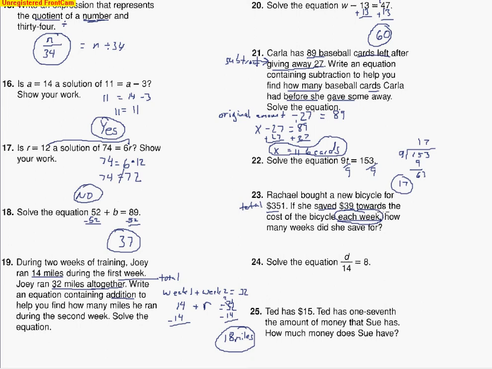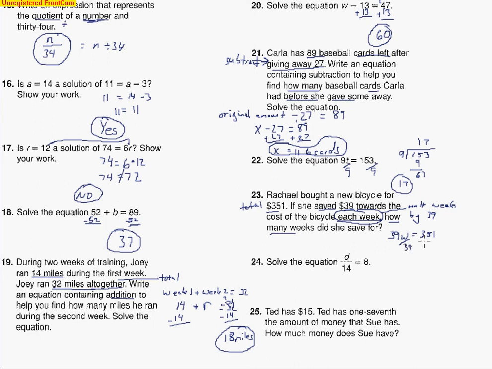Each week means you're going to end up multiplying the weeks by 39, so it's going to be 39W. So the number of weeks, which we don't know, times 39 is going to equal 351. How many weeks is the question, so that's why our variable is W there. And so all you have to do is divide by 39.